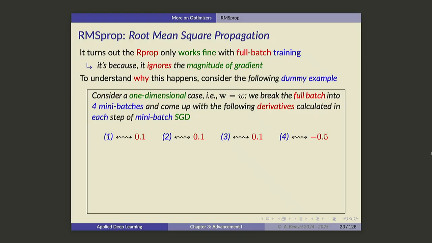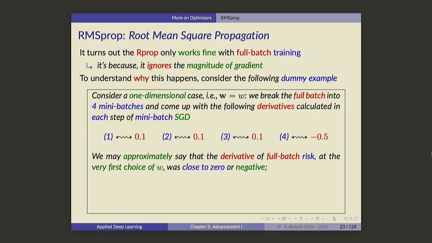So if instead of 0.1, the gradient was like 10, 10, 10, and then here minus 8, then you could somehow rely on that. Because you could say, OK, 10 is a very large one. Even if this is noisy, if it has a high variance, it still cannot be the case that it is changing the sign, right? But in this case, you cannot rely on it.